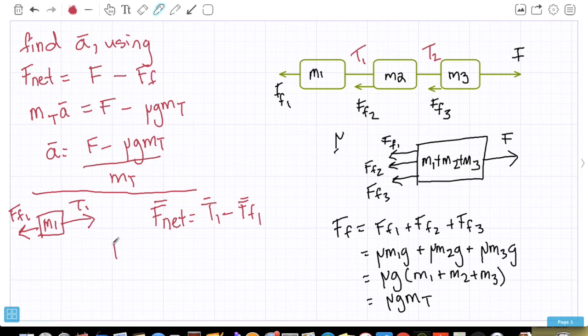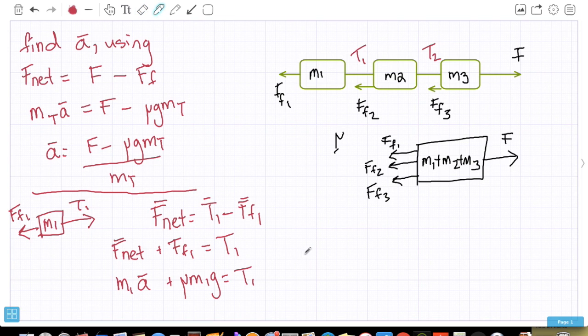So that's FNet plus FF1 is equal to T1. And FNet in this case is M1A, plus mu M1G. And then we can replace A with this here. So let's do that. I'm just going to erase this.